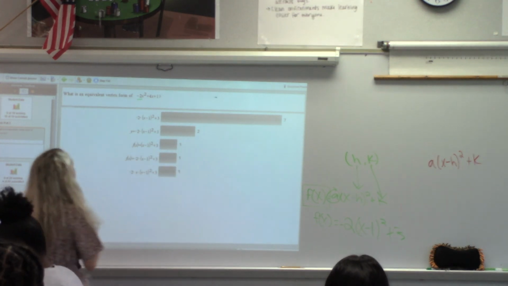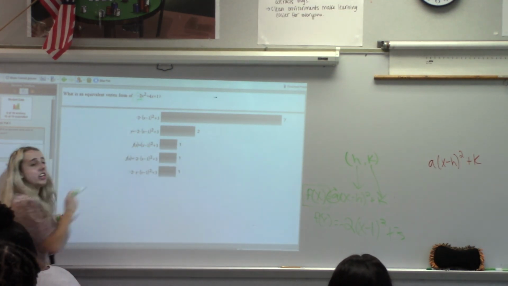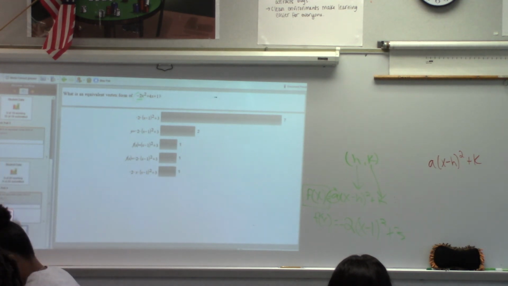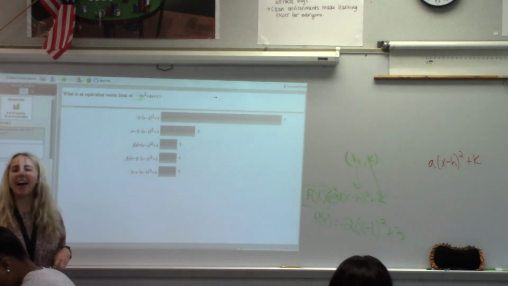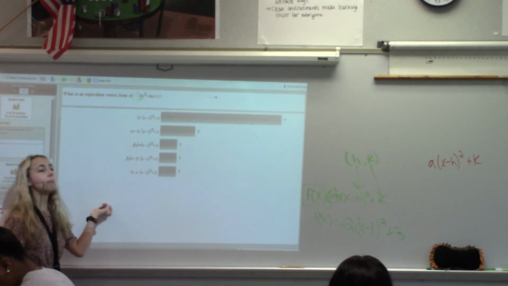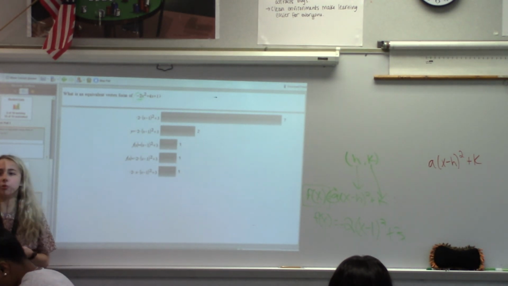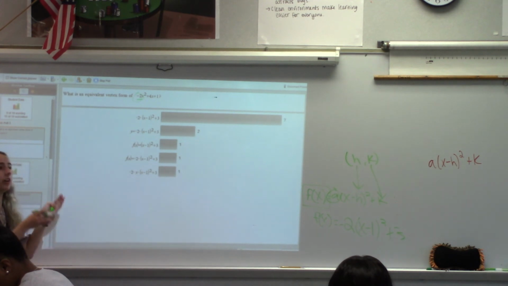Something I will say, guys, is pay attention that this A value is negative. So when you graph it, your parabola is going to be concave down, and it'll be a maximum when you analyze the graph. Just make sure you're paying attention to the values you're given and how you're transferring them through your work.